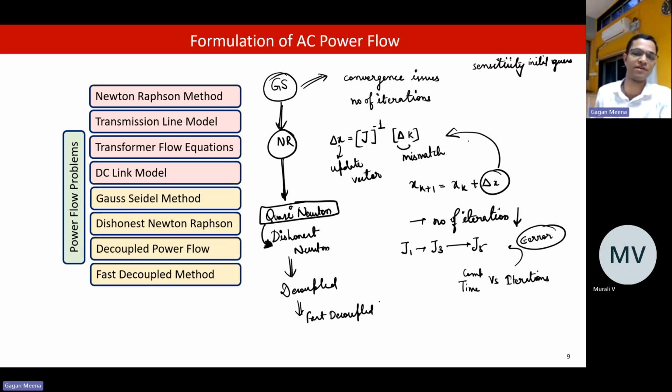This is a more approximate version. But sometimes when we need quick results, where we are not worried about the exactness and a little bit of error is permissible, there we can use fast decoupled.